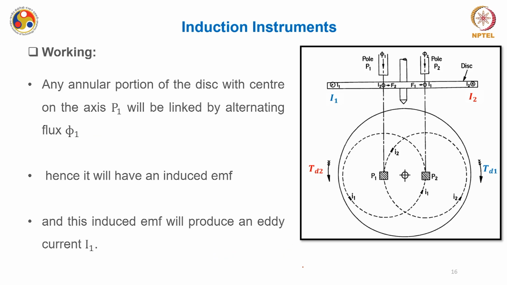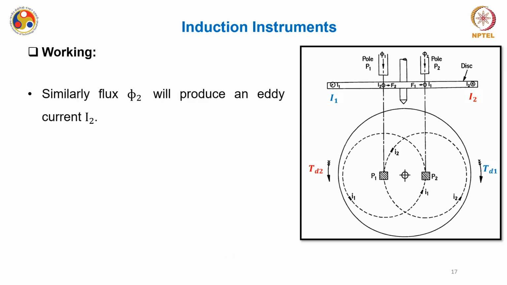Similarly, the flux phi 2 will produce another eddy current, say I2. So this is I1 and this is I2. So I have two different alternating eddy currents flowing because of the two alternating fluxes phi 1 and phi 2. So this I2 is flowing because of flux phi 2.